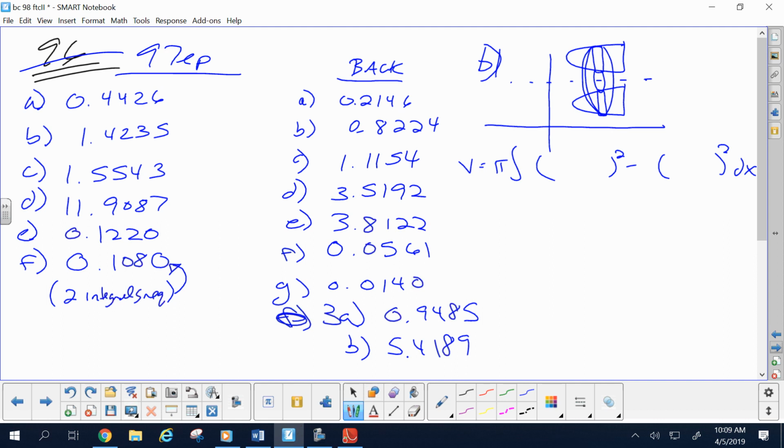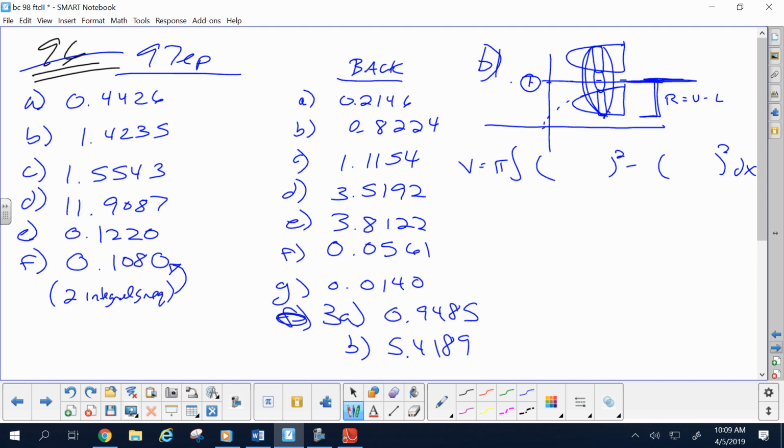Now is the hard part. Big R is a vertical distance. It's upper minus lower. What's upper, what's lower? What's this? 1. Upper is 1. And lower? Lower is on this curve. That's not the root x curve.